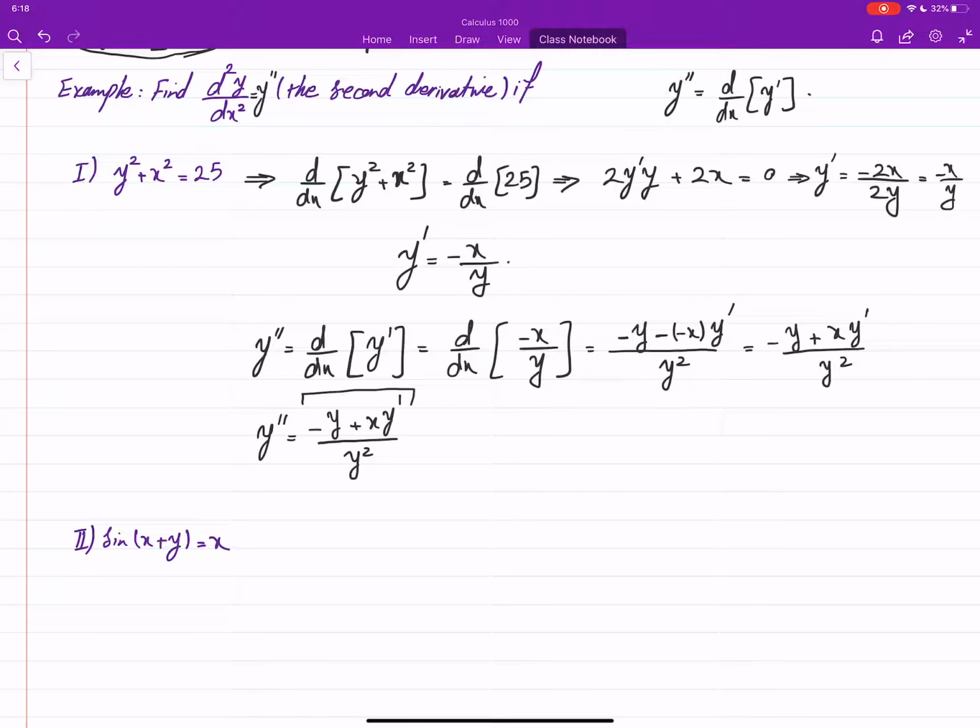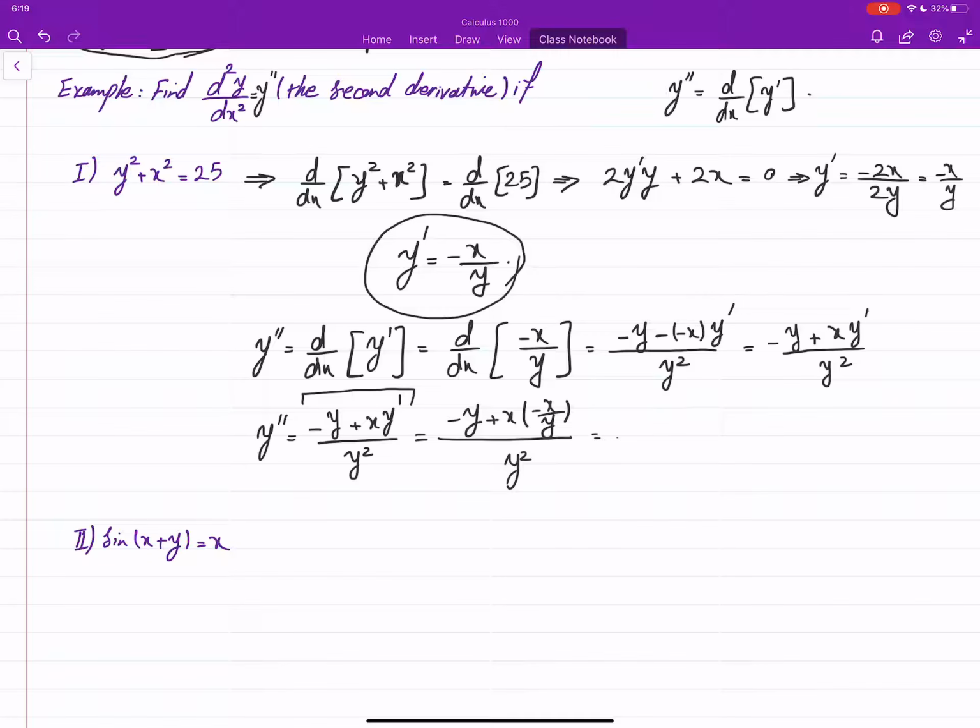Well, solving that is not difficult. We can replace y prime by something in x and y. Instead of y prime, I plug in minus x over y.